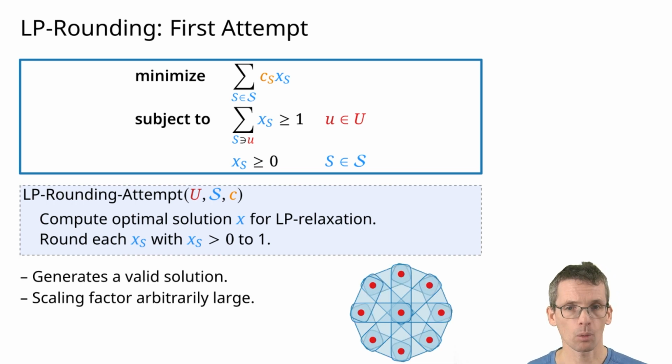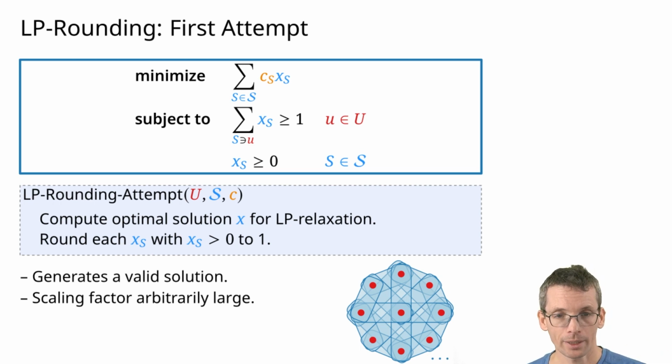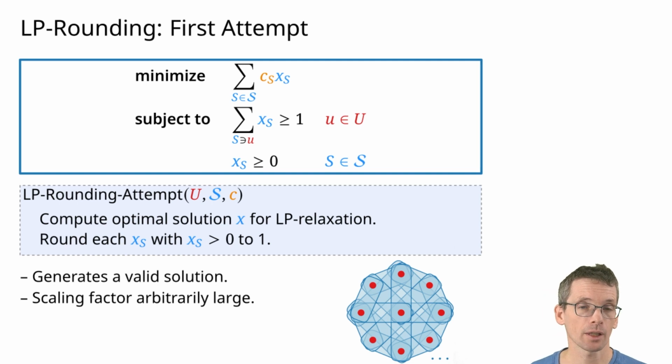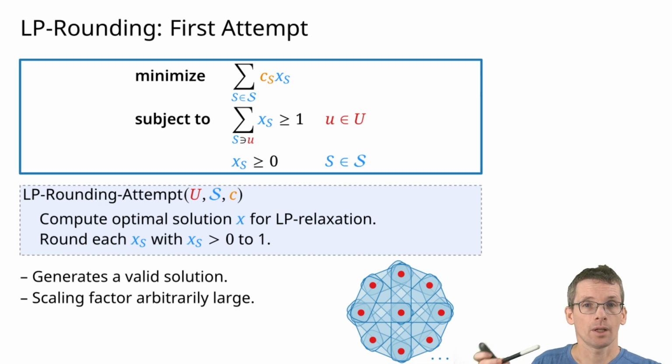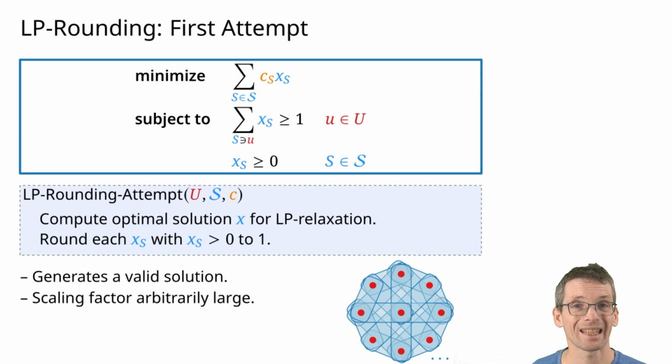But let's add more and more sets, and essentially I can cover this point set by taking each of these sets with a tiny fractional value, the more and more sets I'm adding. And if I have to select all of those sets into my set cover, it could be arbitrarily much larger than the minimum set cover.